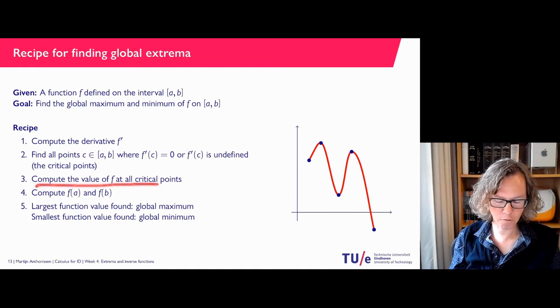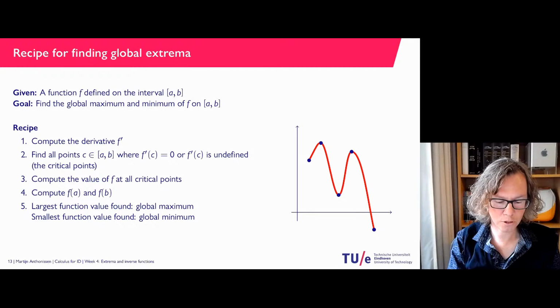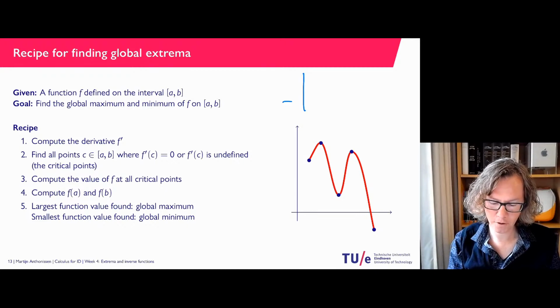So you compute the value of your function. You compute the function at the two endpoints, because if you're on a fixed interval, they could also be a maximum or minimum. So how can you see that? Well, easily if you have a function like y is e to the power x, and if you would restrict it to a certain interval a, b, then you see that the minimum is at the left and the maximum is at the right.